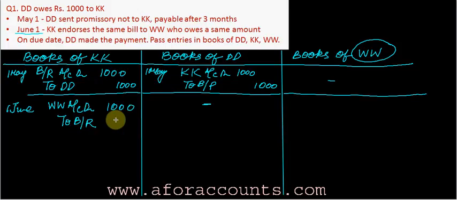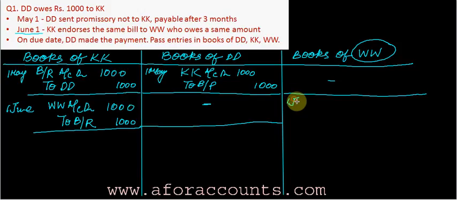It is for WW now, and WW is receiving them. So on 1st June, the entry passed will be WW account debit 1000 to bills receivable 1000.